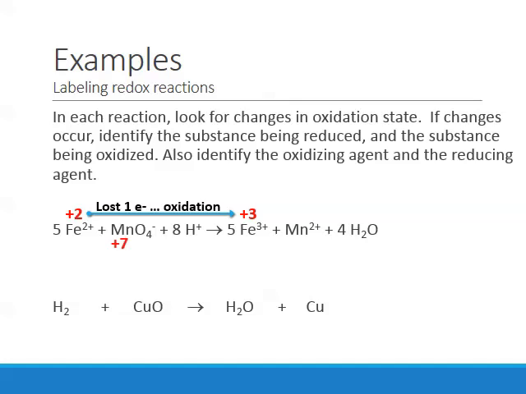Similarly, the manganese on the left is +7. The manganese on the right is +2. So the manganese has gained 5 electrons. That's a reduction process. There's no change with the oxygens. They're -2 on both sides. And there's no change with hydrogen. They're +1 on both sides. Do the same kind of thing on the reaction below, and then we'll look at oxidizing and reducing agents.